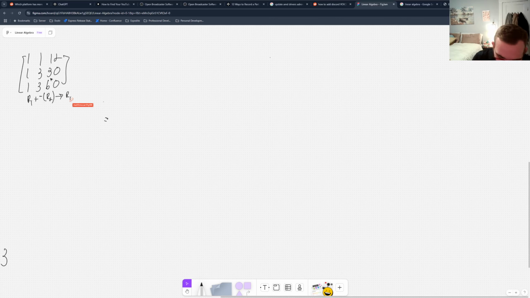So if we do this, I think maybe better would be to write it as R2 plus negative R1 equals R2. All right. So 1 plus 1 times negative 1 is 0.